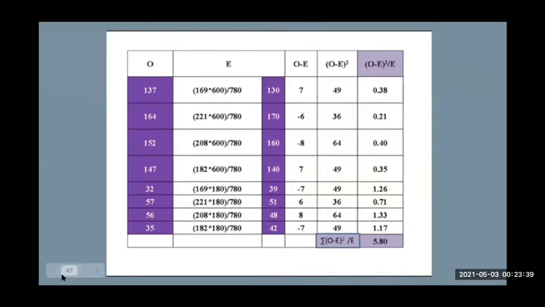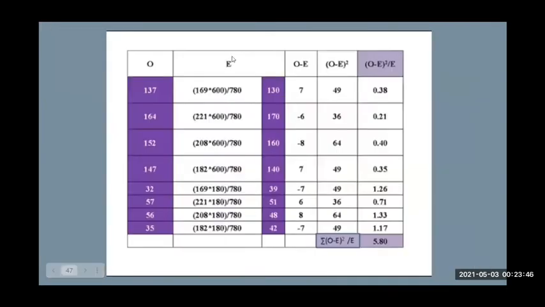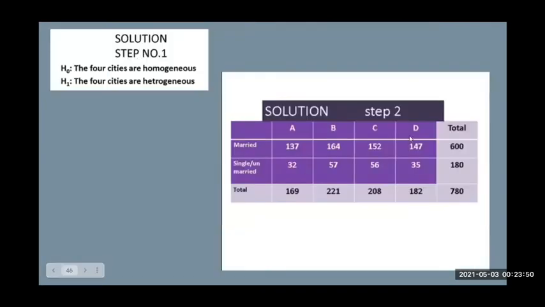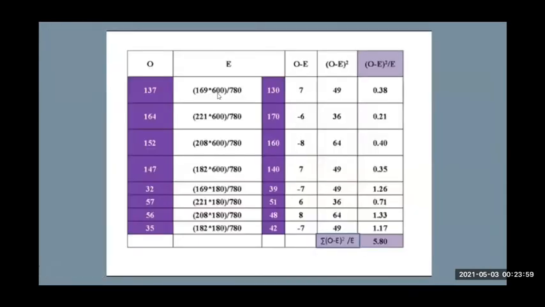This is our total, the summation. The summation of the column will be multiplied to the summation of the row, then it will be divided by the total number, which is 780.